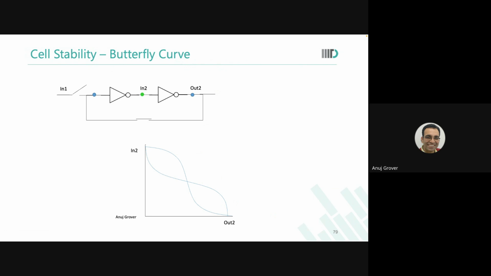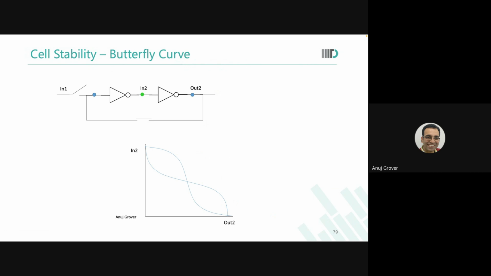So it is the largest square that you can fit into the smaller lobe. Right now they are equal, so you might not have understood the smaller-lobe definition then. But we may design an asymmetric cell, and then the SNM of that cell for the undesired lobe is what we are talking about. Are you with me?